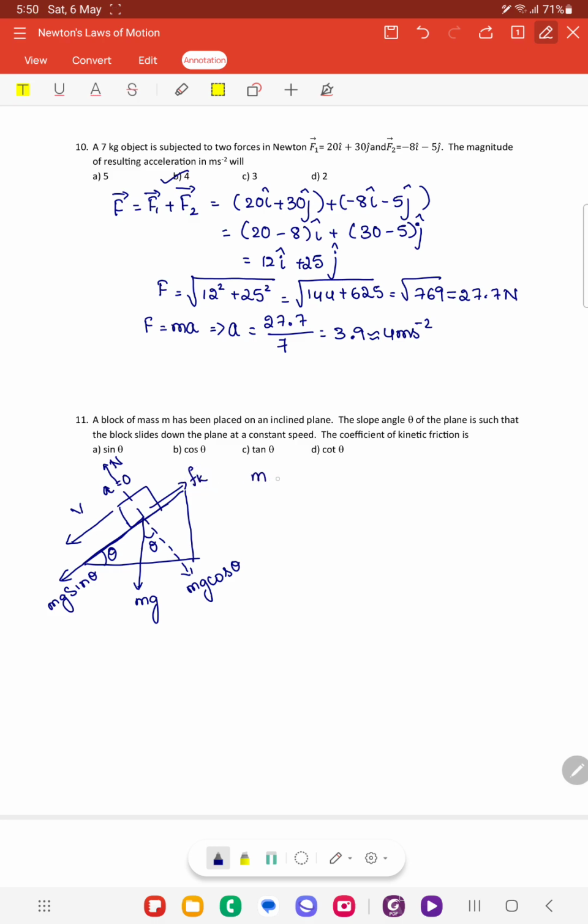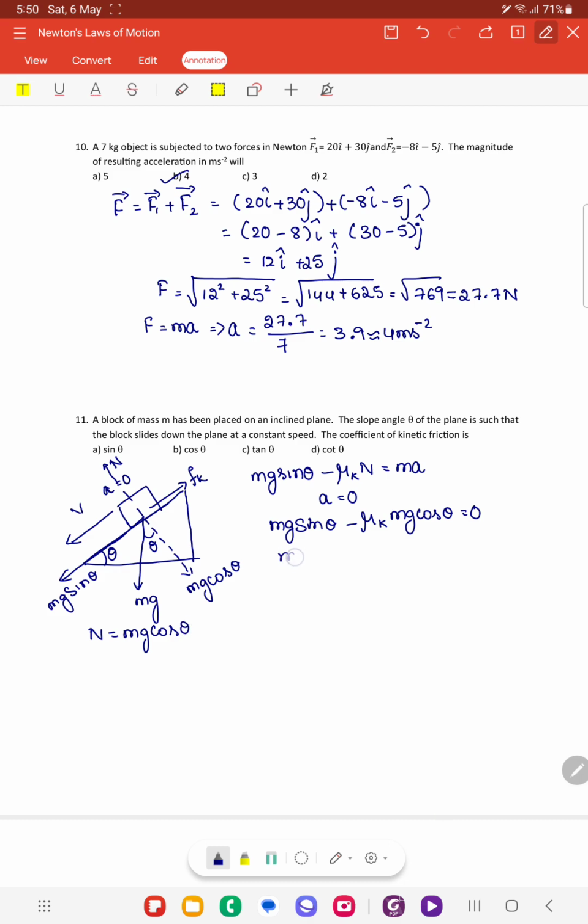So we have mg sin theta minus mu k into n, that is the friction force mu k into n, is equals to m into a. Here acceleration a is 0, therefore we have mg sin theta minus mu k n is equals to 0. Here n is equals to mg cos theta.